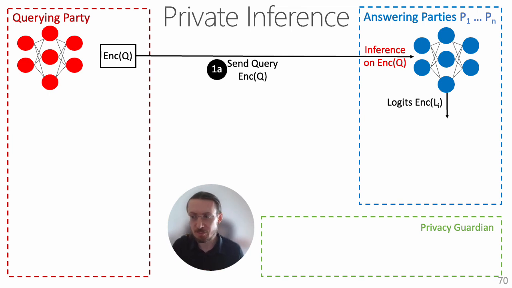The library computes the linear layers, such as convolution operation or fully connected layers, using homomorphic encryption, and then to compute the nonlinear layers, such as ReLU or max pooling, the answering parties engage in secure, in this case, two-party computation with the querying party. So here, because we have this joint computation of the value, each answering party engages in this 2PC with the querying party in each case.